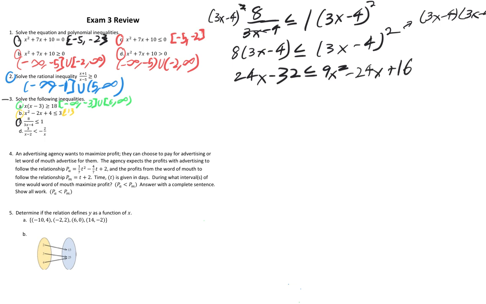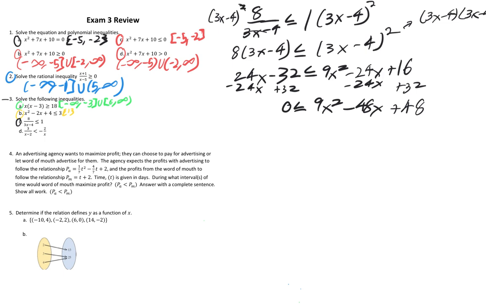So now we want to get everything on one side. So I'm going to subtract both sides by 24x. I'm also going to add the 32, plus 32. So we're going to have 0 is less than or equal to 9x squared minus 48x plus 48, right?